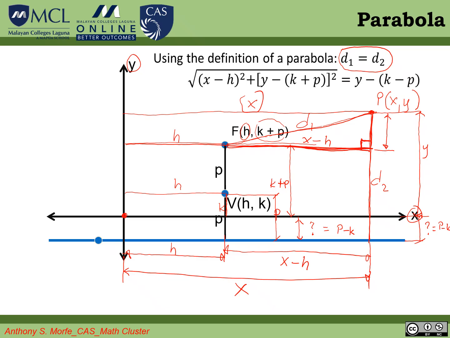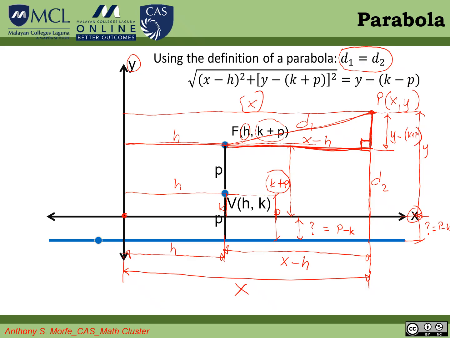Okay, so k plus p, meaning this one. So therefore, this side of the triangle is simply y minus this. So we have y minus (k plus p). Okay, so this is the length of this side.